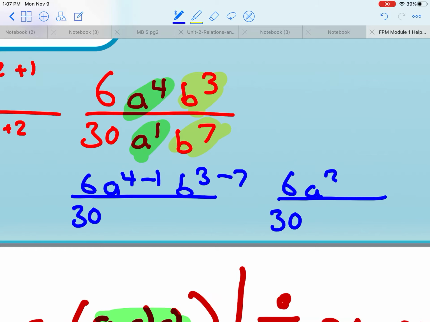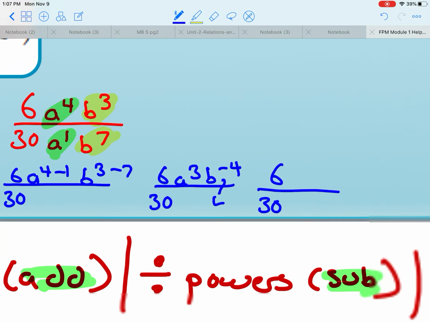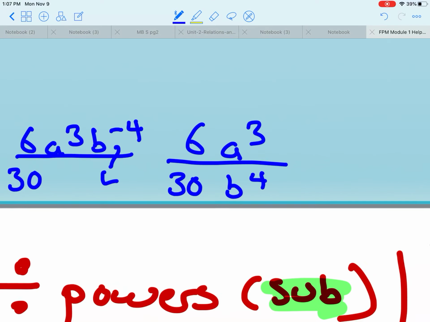So 6 and 30. A to the 3, B to the negative 4. Now, obviously, the B is not where it should be, because it should be on the bottom because it's a negative exponent. So I'm just going to move it there, and I get 6 over 30, and then I get a to the 3, b to the 4. Now everything is happy.